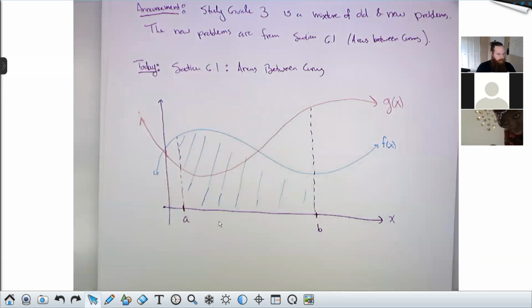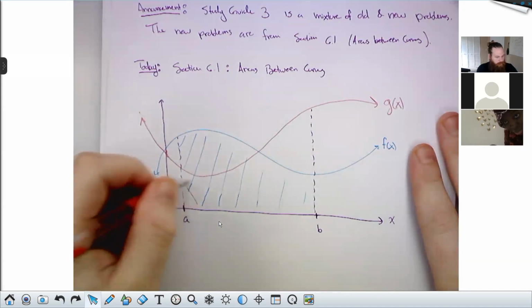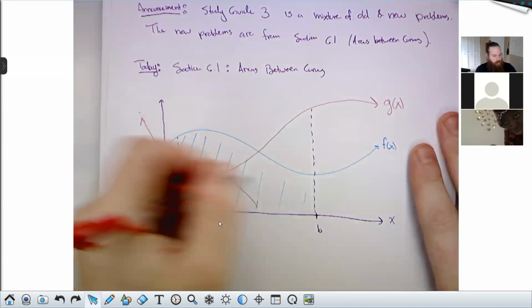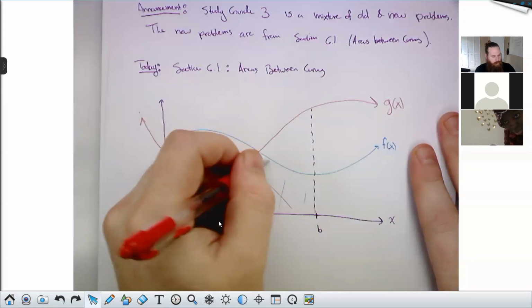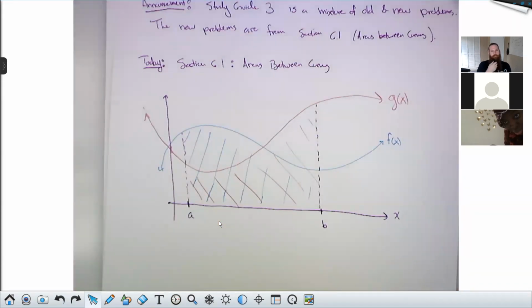And if I were to integrate from a to b the red function g of x, that would give me this area. So the question is, how do I get at the stuff I want, the area between those 2 curves? The answer is it really depends on where you're looking.